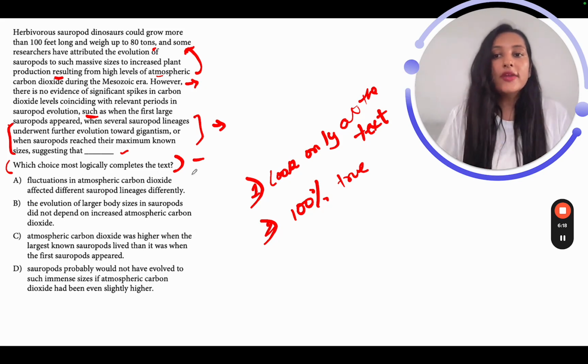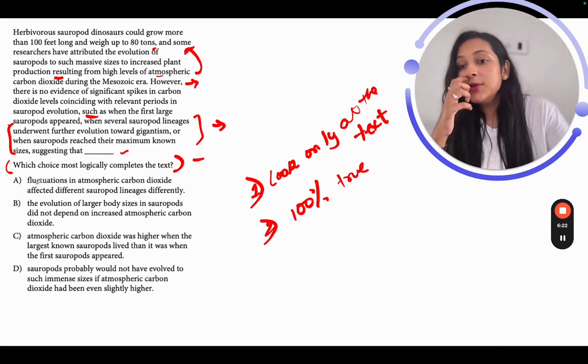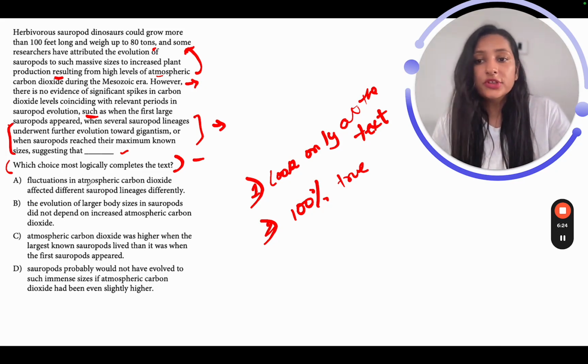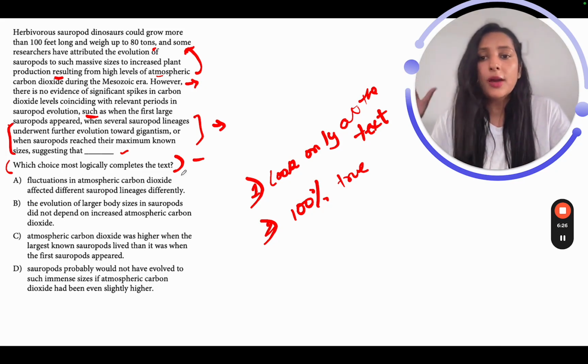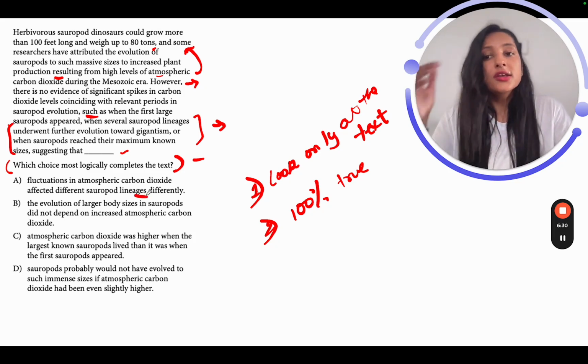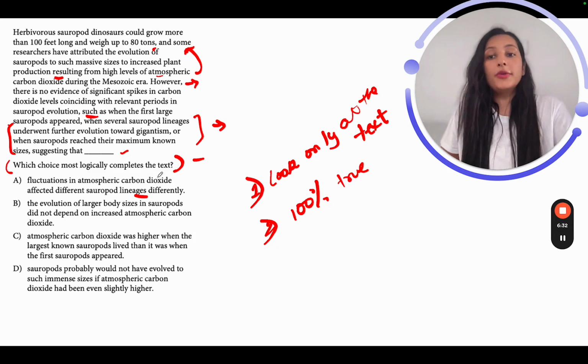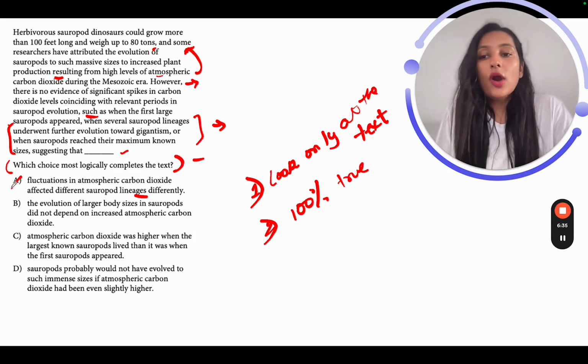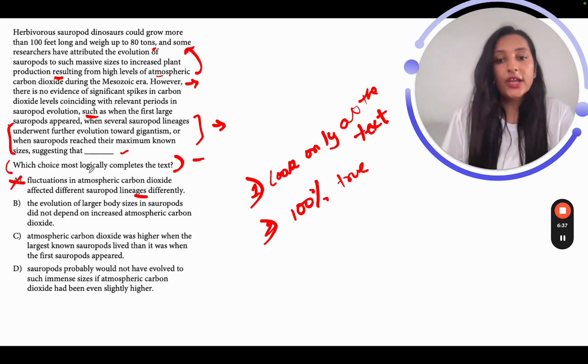But there was no evidence that could show that the carbon dioxide levels were high. So the problem is not how different fluctuations in atmospheric carbon dioxide affected different lineages. The problem is that we did not find the evidence of the carbon dioxide levels to be so high. So how they affected different lineages is not my concern. So I'm going to eliminate this.